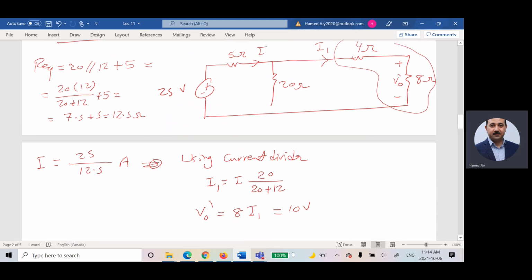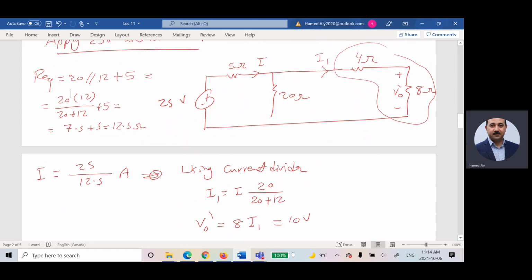In my notes, I didn't follow that way. I tried to solve it in my notes using a different way. What is that way? I calculate the total resistance of 20 and 12. Then the overall of 20 and 12 is connected in series with 5.